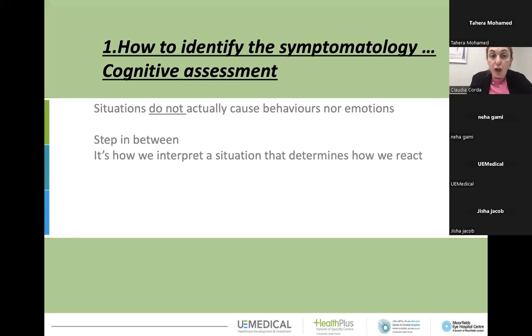So the way we assess the emotion is important, because the emotion comes from the cognition.